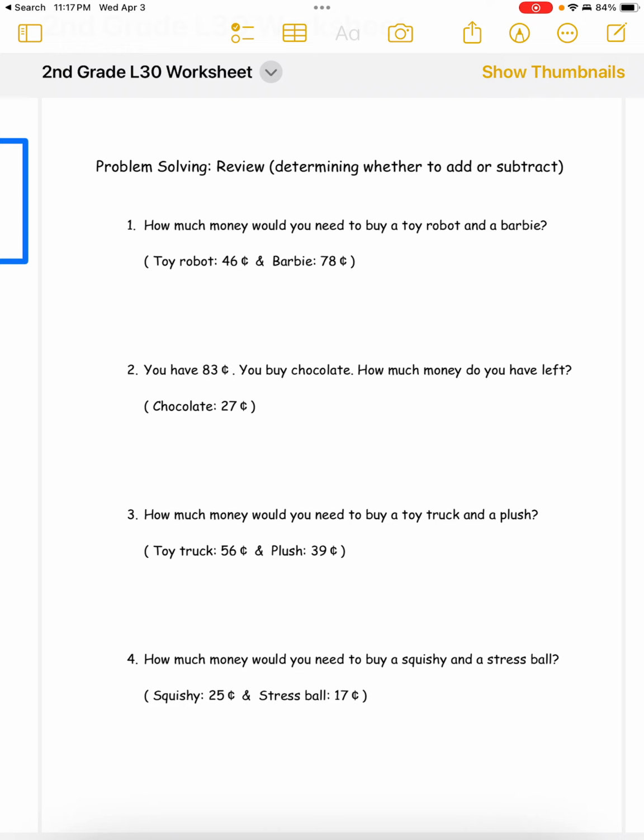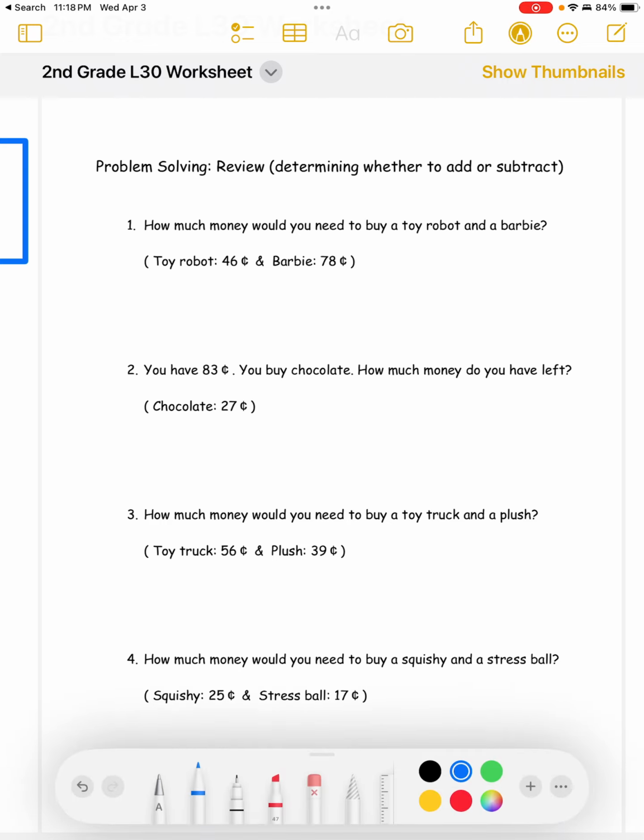Page number 3. So on page number 3, we are problem solving. Review. Determining whether to add or subtract. Let's answer 2 questions on this page. Question number 1 and question number 4. Number 1 says, how much money would you need to buy a toy robot and a Barbie? The toy robot is 46 cents and the Barbie is 78 cents.